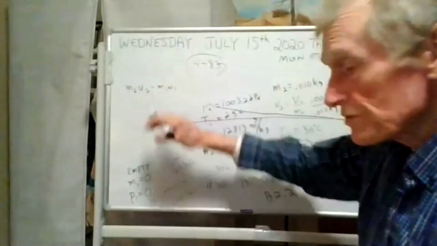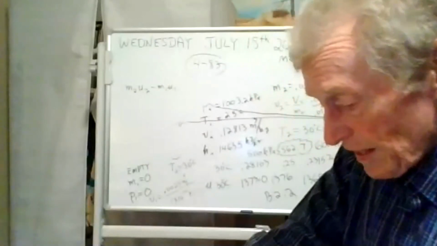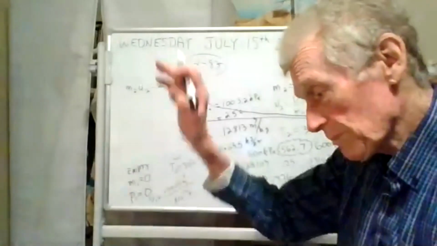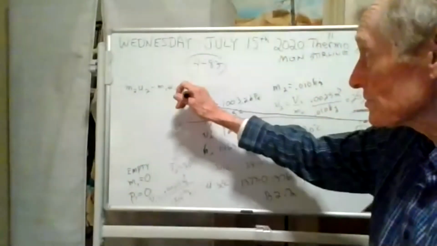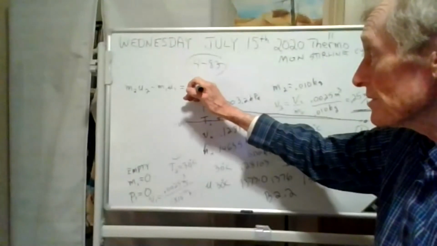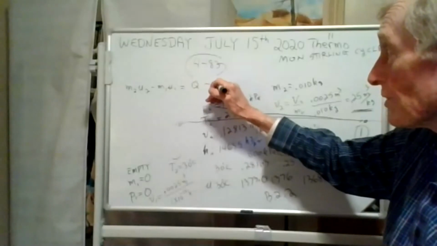Now I know there's some other terms there, but this tank is not moving, so there's no kinetic terms. And it's not going up and down, so there's no potential terms. Now there is a heat transfer, but there is no work.